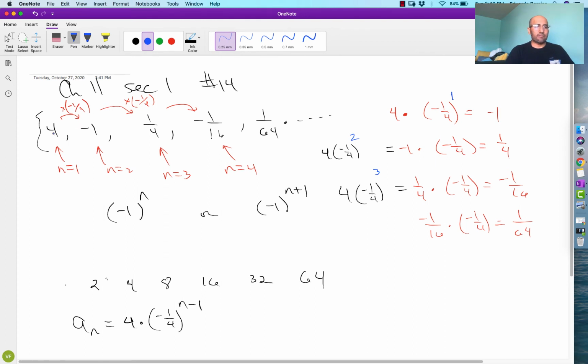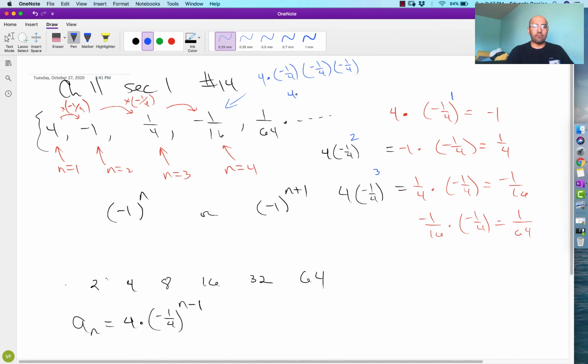So we can rewrite this term in terms of the first one by saying it's this one multiplied by negative 1/4 twice. Same thing for this one. Because at each turn we multiplied by negative 1/4, this one can be written as 4, the very first term, times negative 1/4 once, that got me to negative 1, times negative 1/4 twice, that got me to positive 1/4, times negative 1/4, that'll get me to negative 1/16.